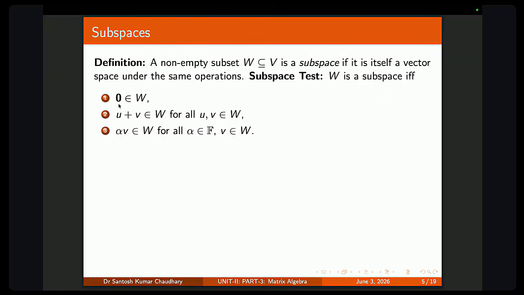You choose any two elements in set W, their sum must belong to W itself, for every U, V belonging to W. And then you choose any alpha from F and any V from W, then alpha into V must be in W. So these are three conditions you can check to make sure that the subset W is a subspace.